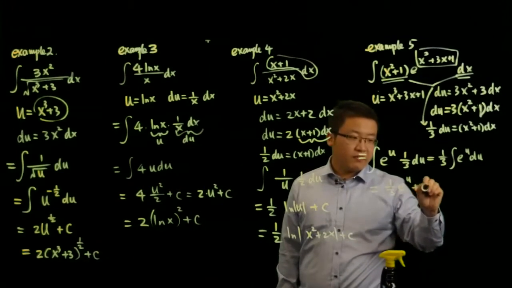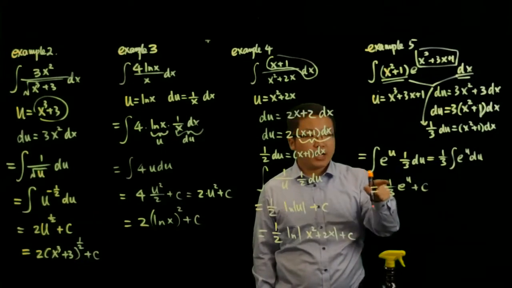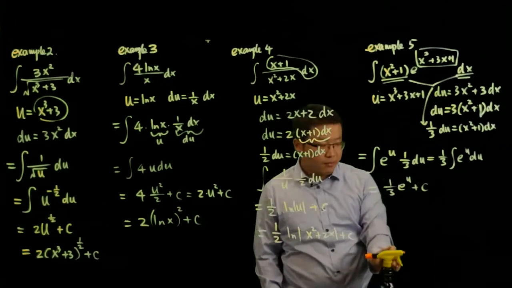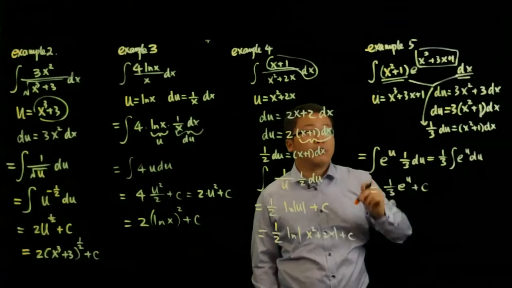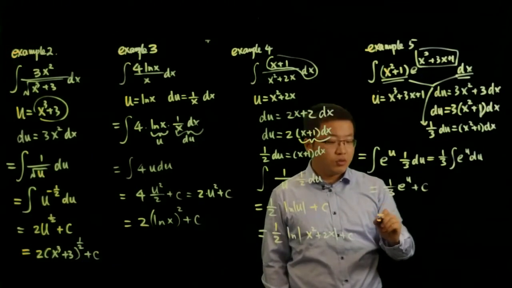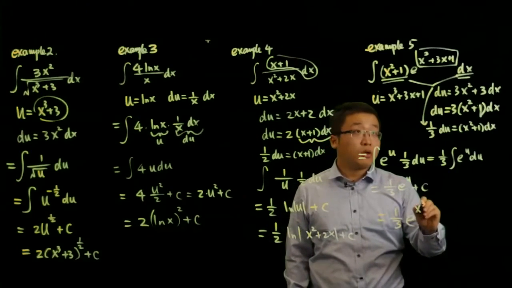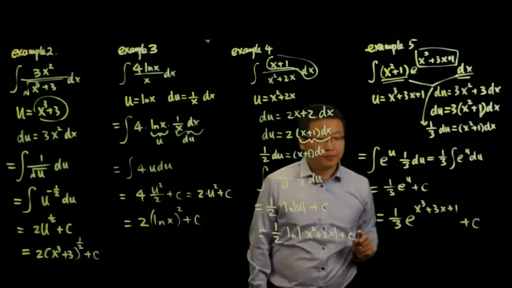And because it's indefinite, plus c. Now we can plug that u value back in so that we end up with a solution that only has x involved, instead of the artificial variable we created such as u, which is 1/3 e to the power of (x to the third plus 3x plus 1), whole thing, plus c.